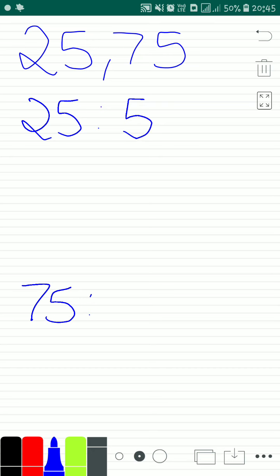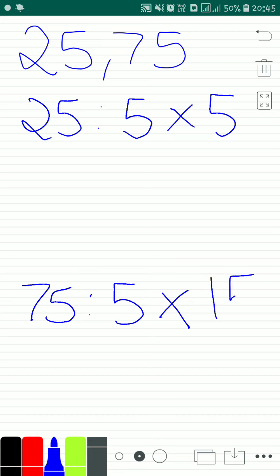Obviously it's going to be 5. Now we do the multiplication, that is 5 5s are 25 and 5 15s are 75.